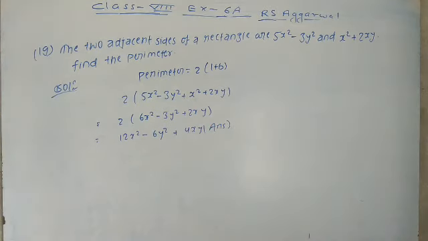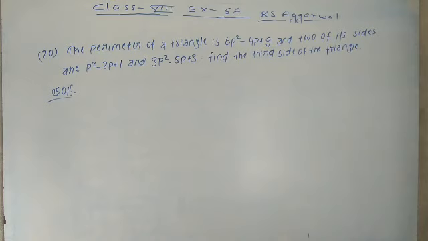Now let's come to question number 20. The perimeter of a triangle is 6p square minus 4p plus 9 and two of its sides are p square minus 2p plus 1 and 3p square minus 5p plus 3. Find the third side of the triangle.